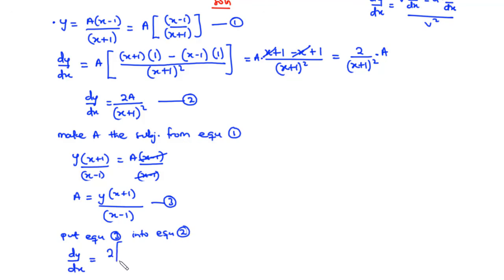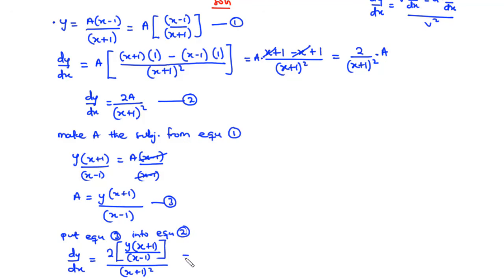So 2 times y times (x plus 1) in the bracket divided by (x minus 1), all divided by (x plus 1) all square. Now let's further simplify this.